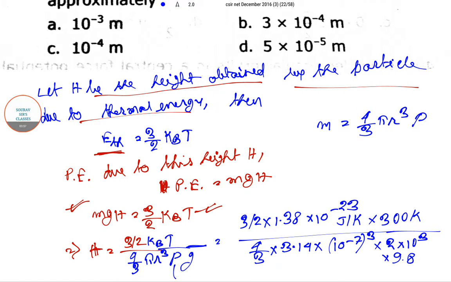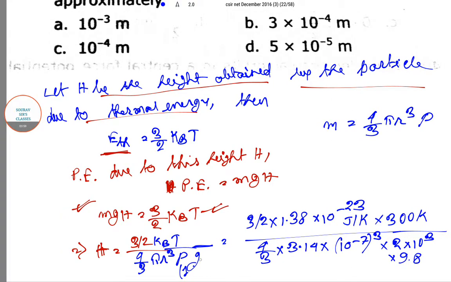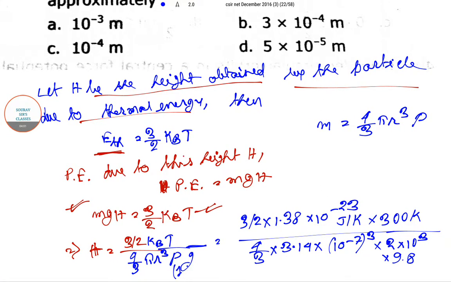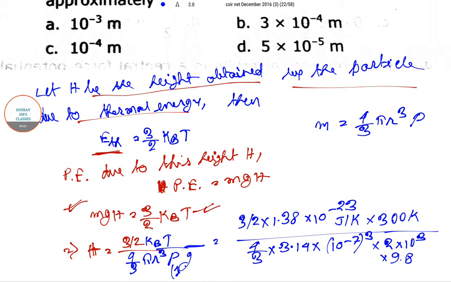So the answer of this sum is 3 into 10 to the power minus 4 meter.